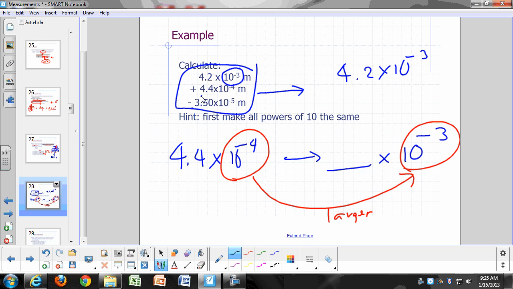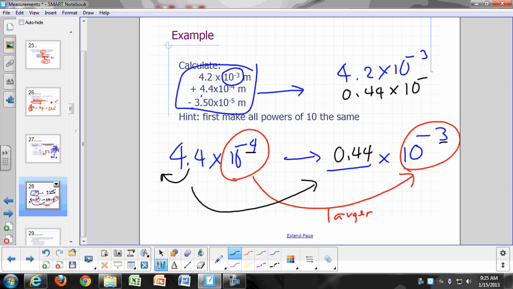I made the power larger by a factor of 10, so to make the coefficient smaller by a factor of 10, I move the decimal point one place to the left. So this becomes 0.44 times 10 to the -3rd.